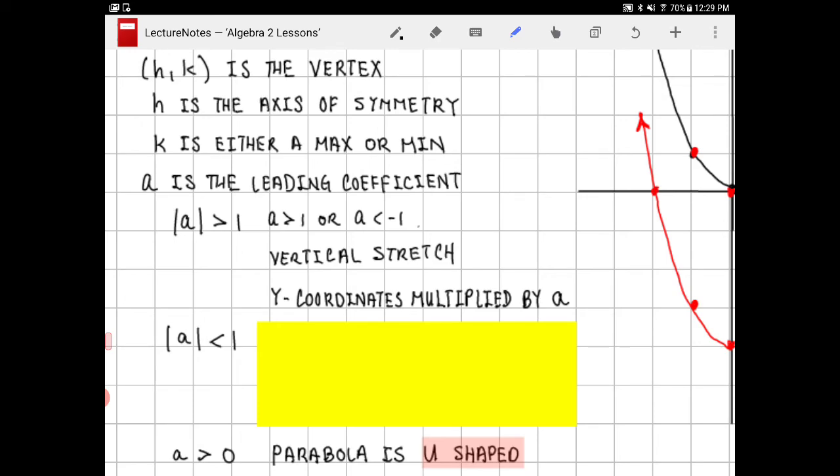Think about that. If a is -5, would the absolute value of -5 be greater than 1? It absolutely would. The absolute value of 10 is still greater than 1. So if the absolute value of a is greater than 1, in other words, a is greater than 1 or a is less than -1, then we have a vertical stretch. The y-coordinates will be multiplied by a.